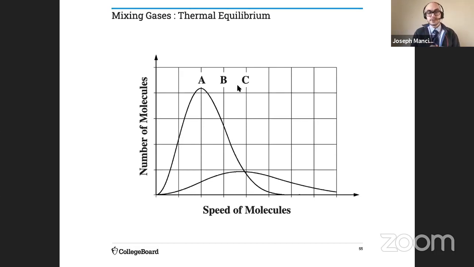When we mix these two gases, will the average speed be closer to point A, point B, or point C? And let me draw your attention to the fact that the y-axis shows the number of molecules going that speed. So when these two gases are mixed, what will the average speed be?